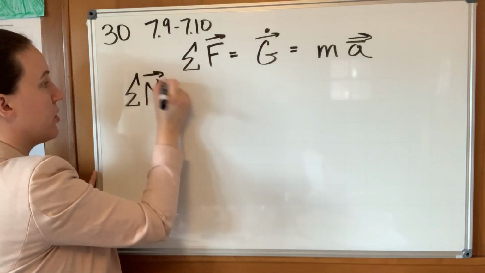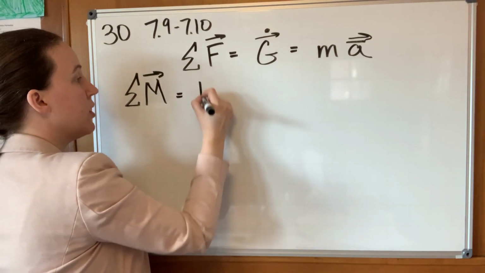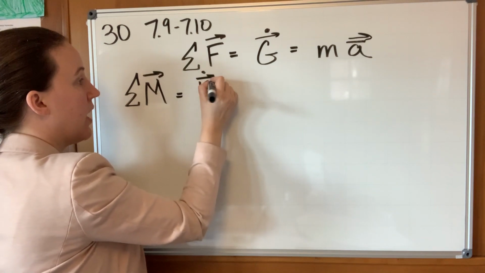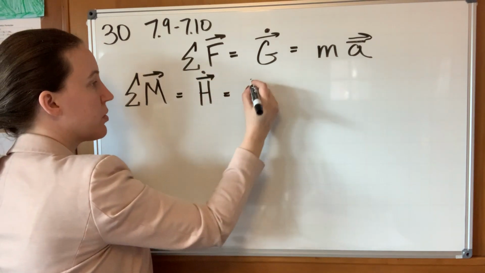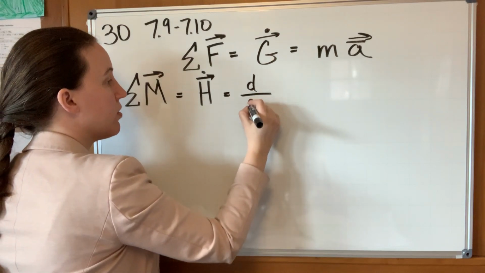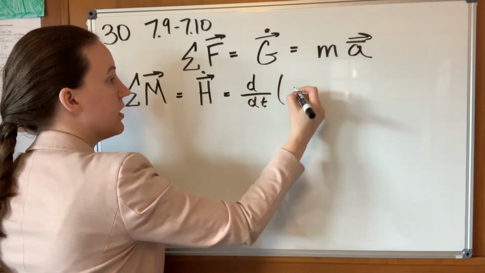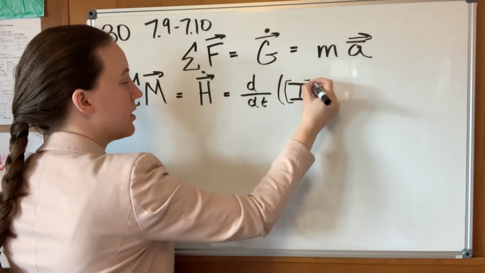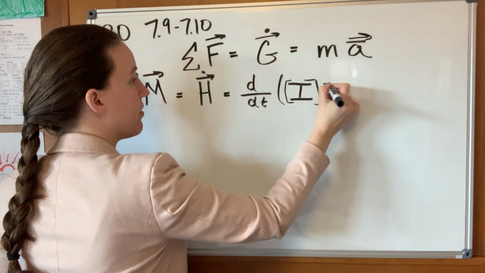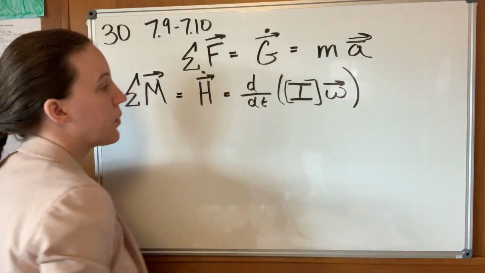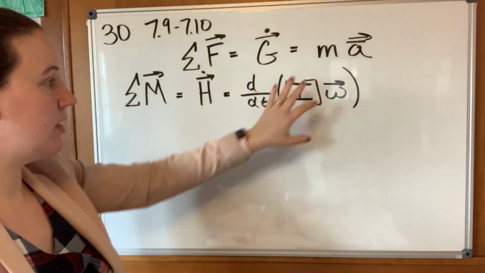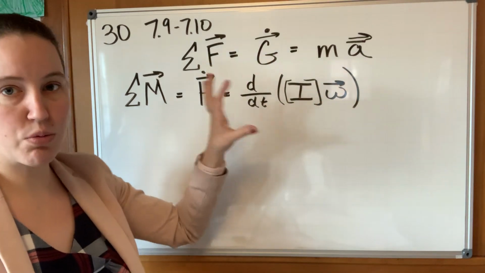Now, the sum of the moments is going to be equal to the rate of change of our angular momentum, which means we're going to be taking the derivative of this I matrix times this omega vector. Now, we want to be careful about how we take this derivative because this whole thing is rotating.